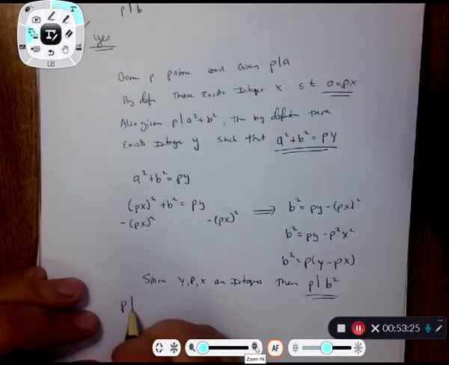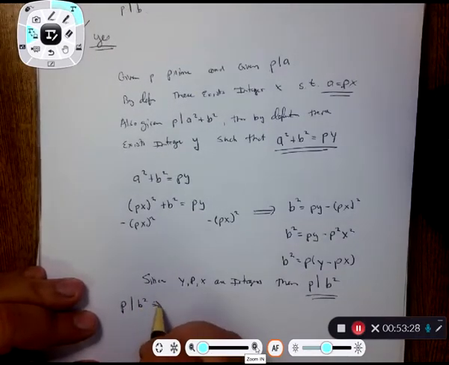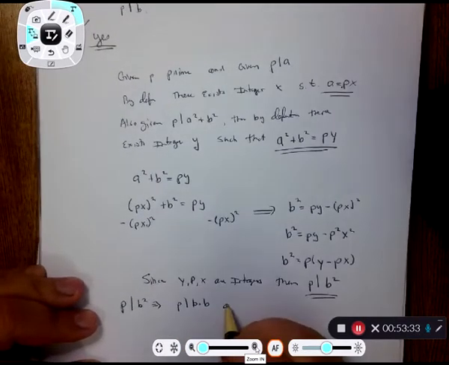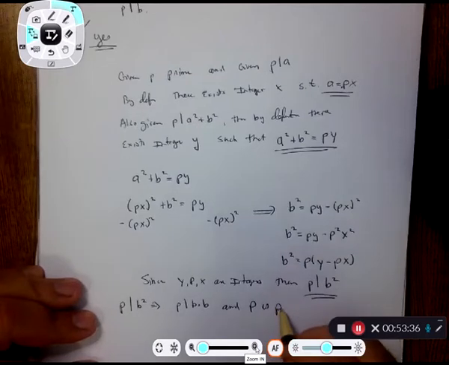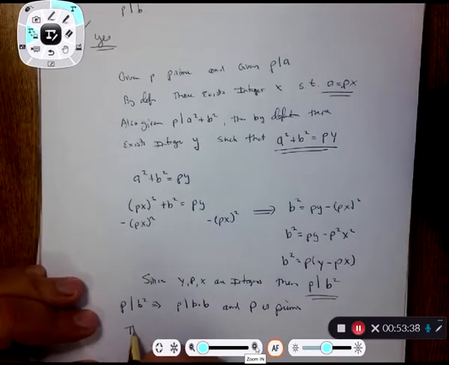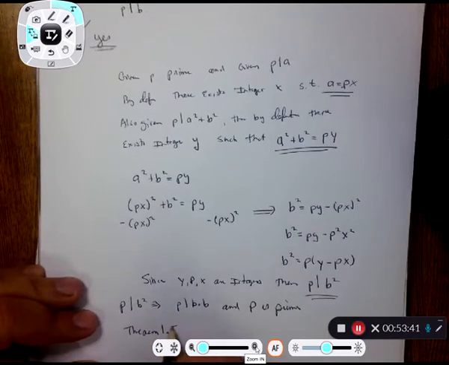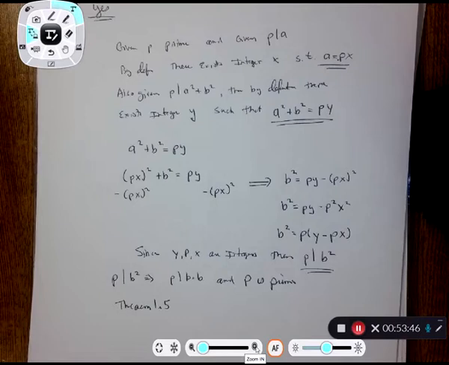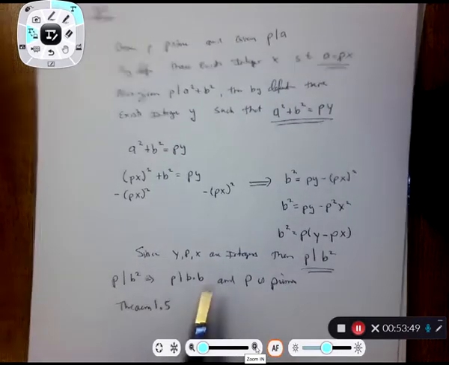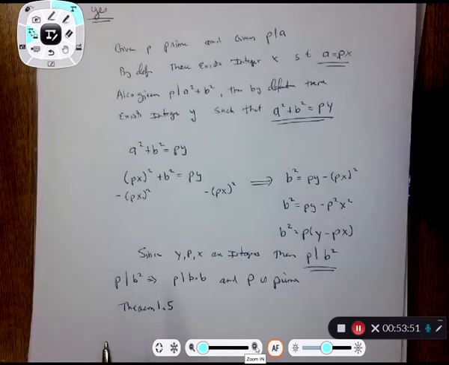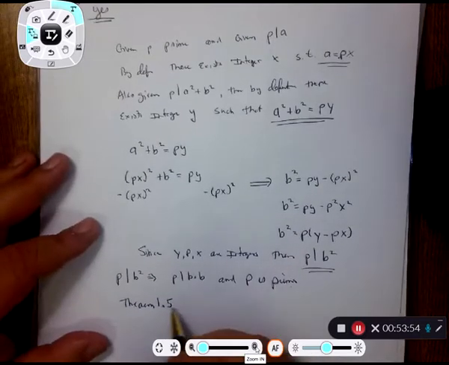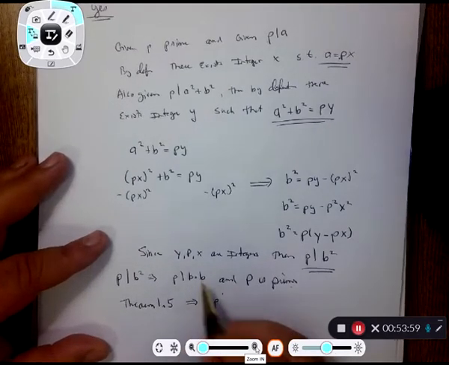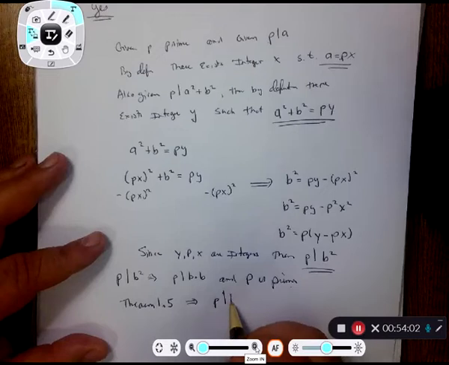P divides B squared, which means P divides B times B, and P is prime. Theorem 1.5 says when P is prime and P divides a product, it has to divide the first factor or the second. So by Theorem 1.5, P dividing B squared means that P, being prime, has to divide B.